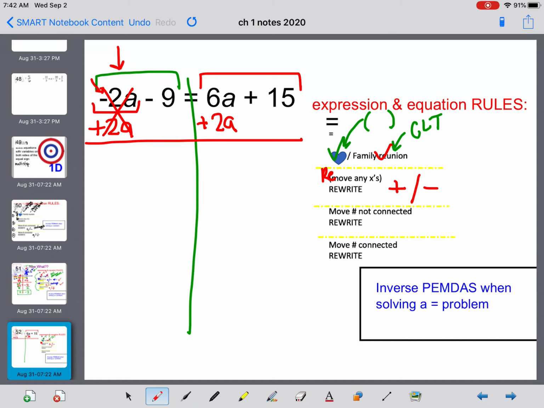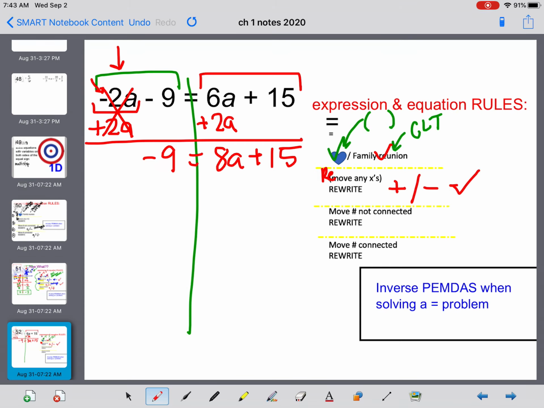This is going to go to 0, and I'm going to rewrite my equation or total it up. On this side I have a -9. Sorry, I touched the equals. 6 a's plus 2 a's gives me 8 a's, and then I have plus 15. So I'm just rewriting my equation, totaling it up, and seeing what I have left over.